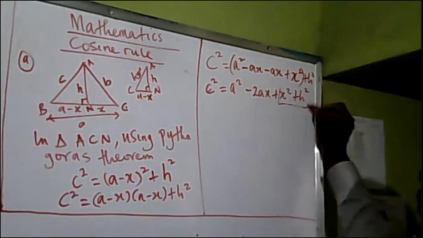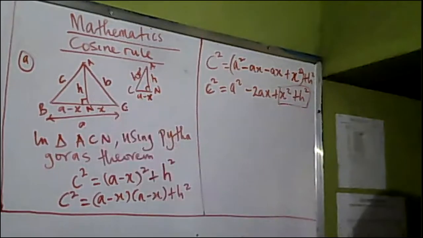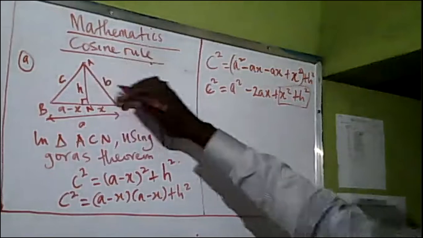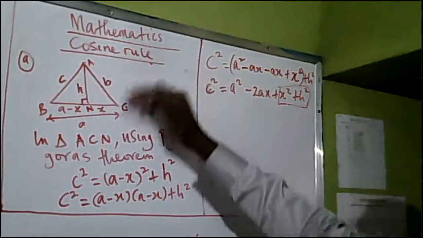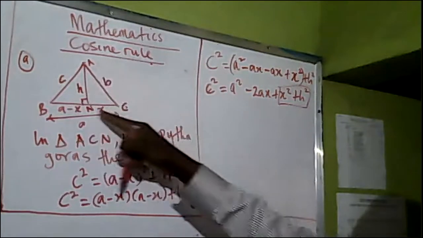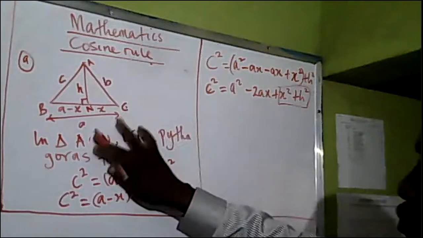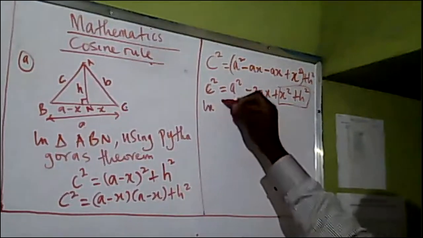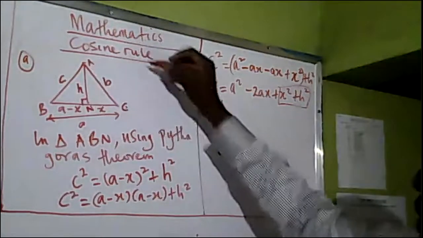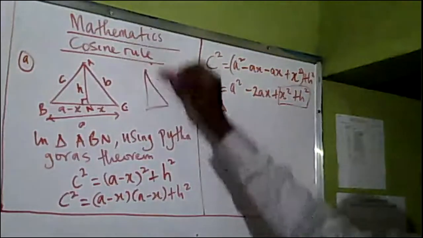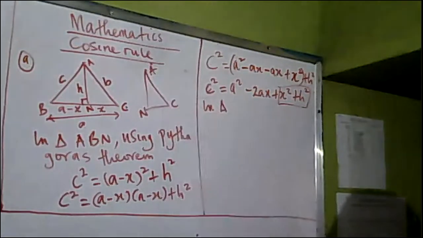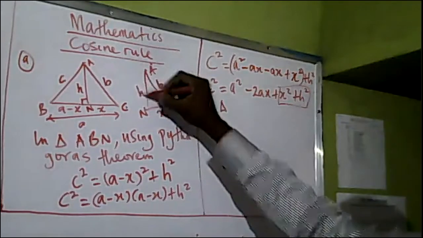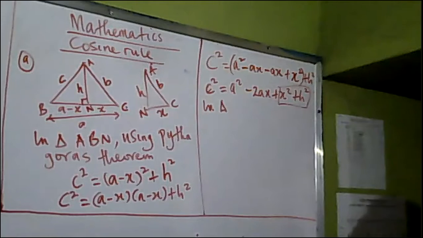Now, look at this. Going back, let's bring out the smaller triangle. The first triangle we used was ABN. Now in triangle ACN, this is your b, this is your x, and this is your h.